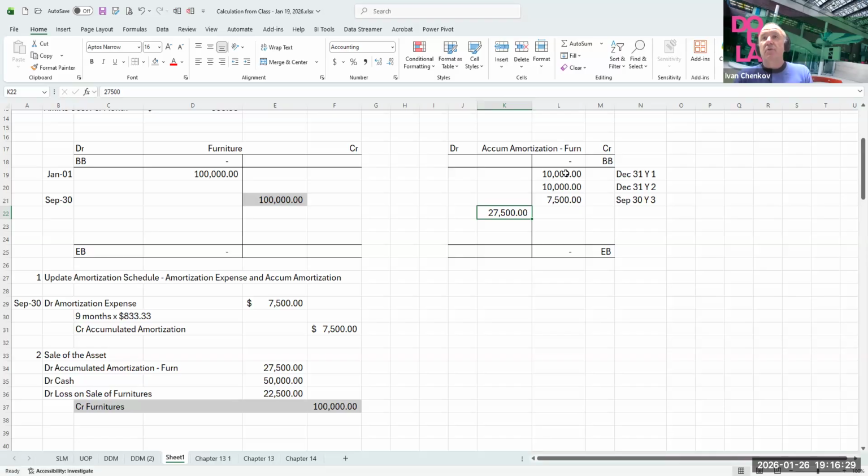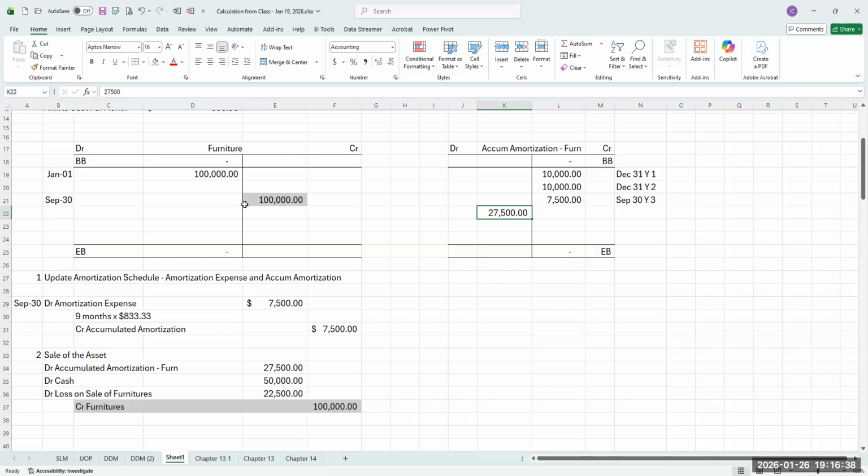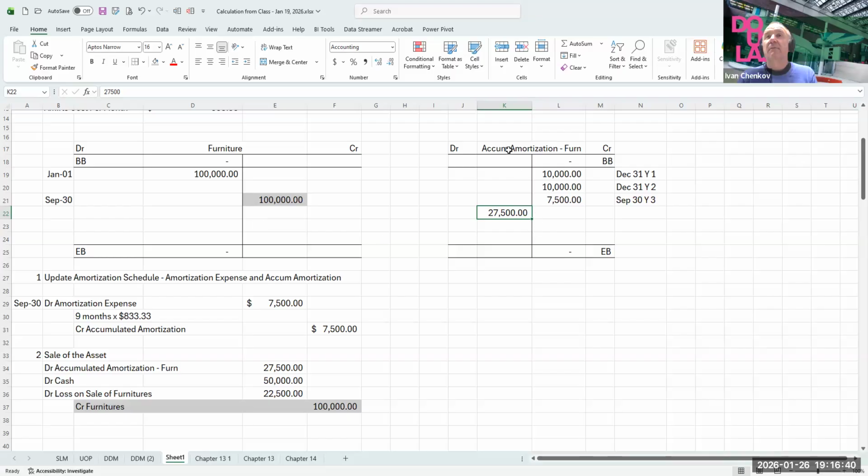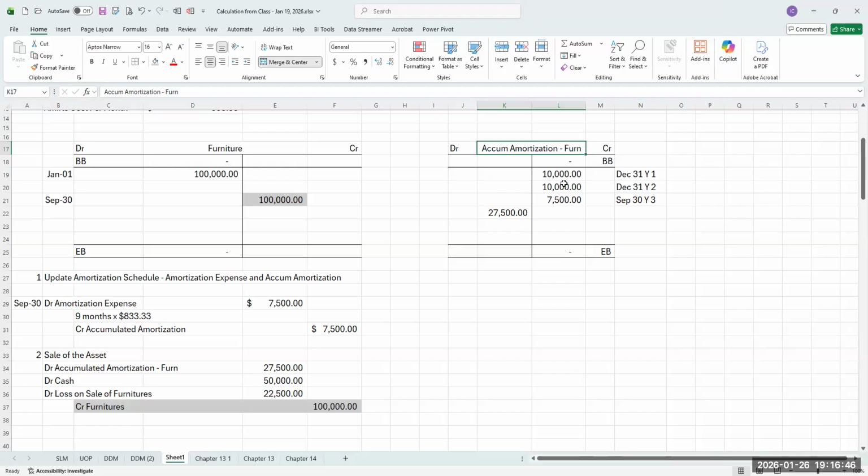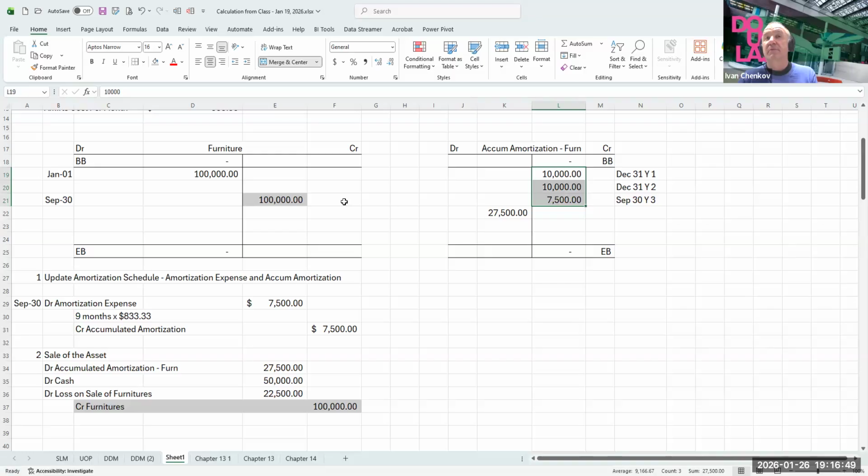So accumulated amortization exists only and only because of the furniture, correct? If I don't have the furniture, can I have the account accumulated amortization sitting on the balance sheet? No, I cannot. But this account at this point, before I sell the asset, has a credit balance of 27,500. How can I eliminate that balance to bring it to zero?